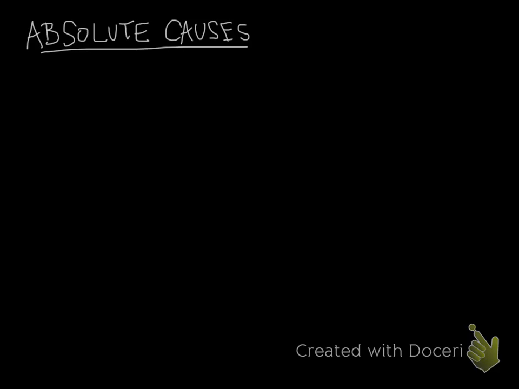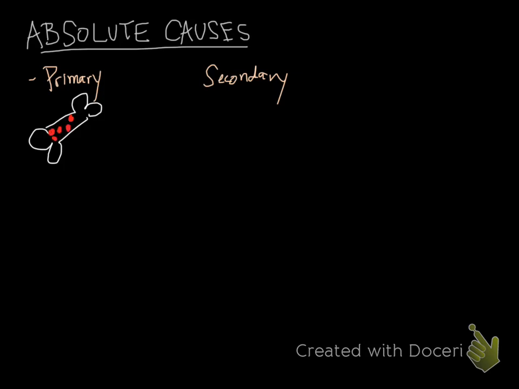So absolute causes of polycythemia include primary causes and secondary causes. And primary causes are extremely rare. This is bone marrow, and you get an increase in red cell production, and it's neoplastic red blood cells.